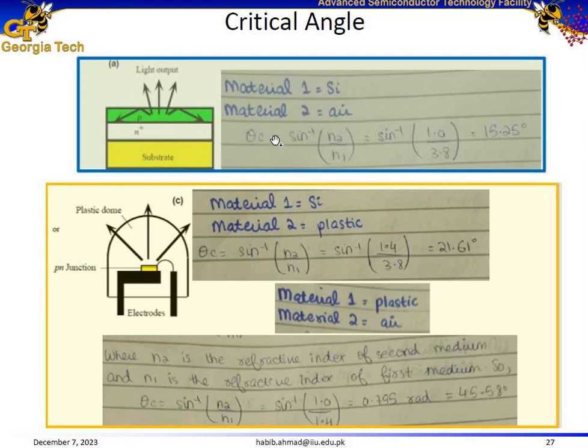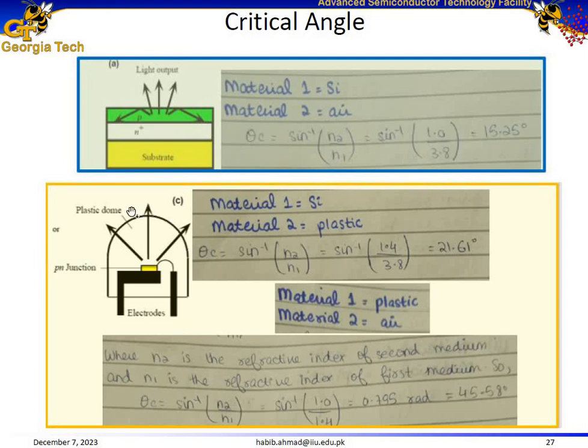So the critical angle for this would be equal to sine inverse of the refractive index of air divided by the refractive index of this semiconductor, where the semiconductor is silicon, and here are the refractive indices of the two. So the critical angle comes out to be 15.25 degrees. If the angle of incidence of these photons is greater than 15.25, then they are going to be reflected back into the semiconductor structure.